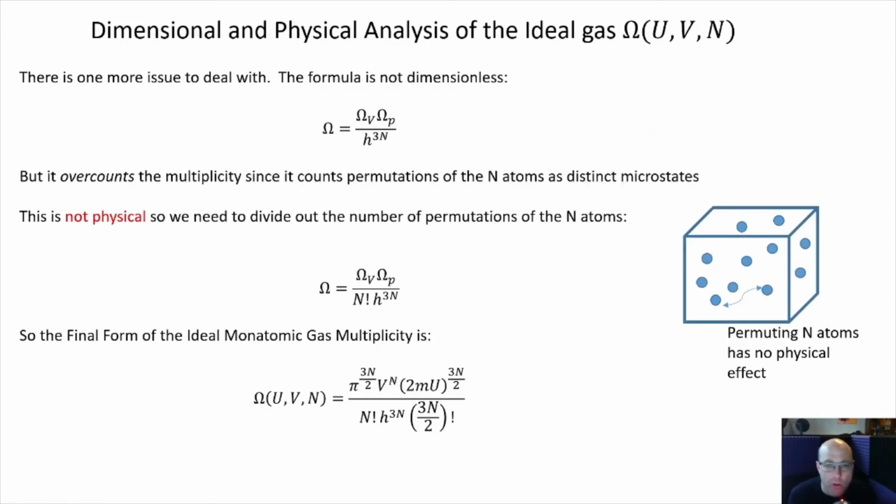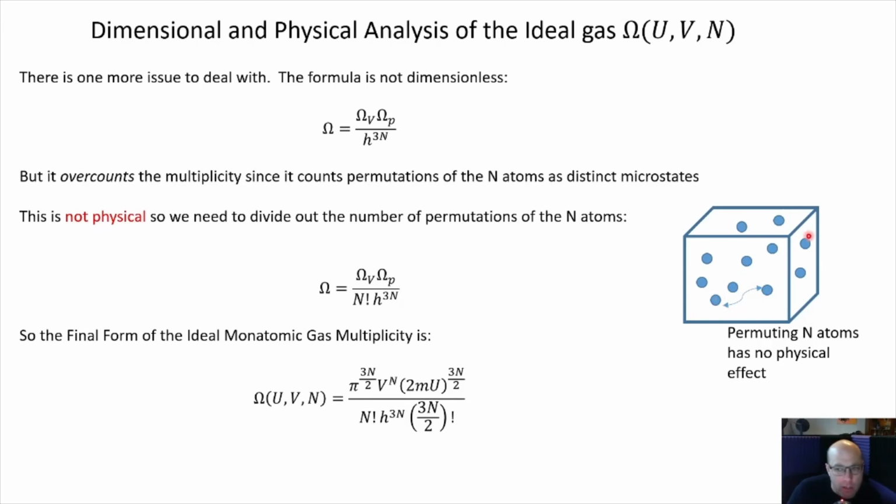All right, so one more issue to deal with that's not super obvious, but that people figured out pretty quickly even before they knew about quantum. And that is that the calculation we just did in phase space overcounts the number of available states in omega v and omega p, because within omega v you only consider the volume, and that allows you to count as distinct configurations where you would take this atom and swap it with this one, right?